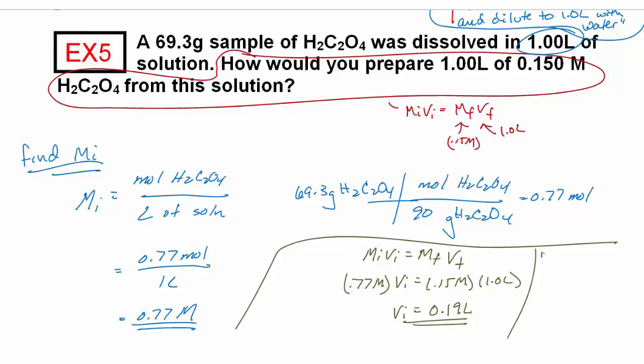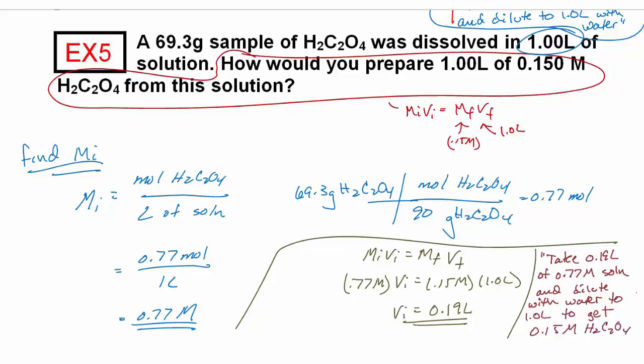So my answer, take 0.19 liters of 0.77 molar solution and dilute with water to 1 liter to get 0.15 molar oxalic acid. There's my answer.